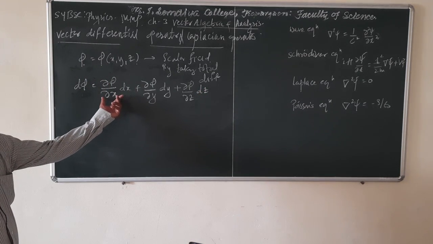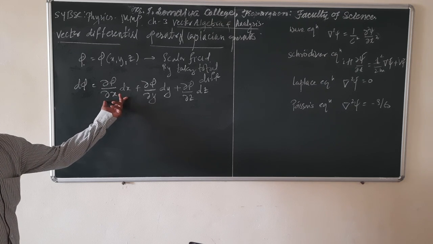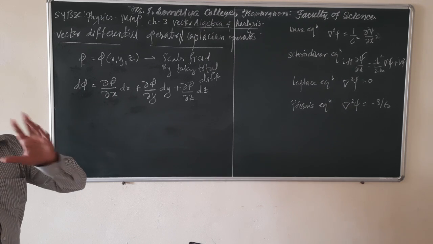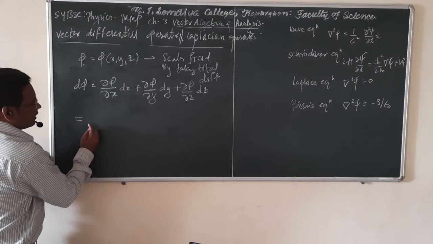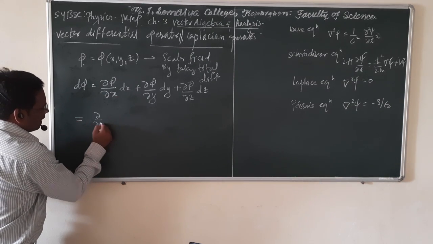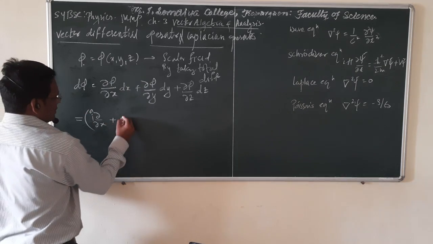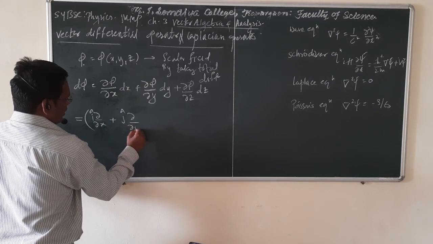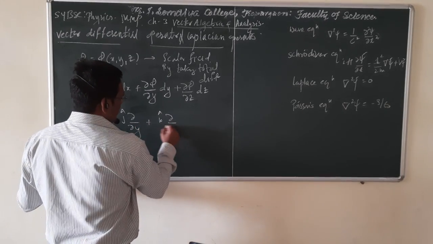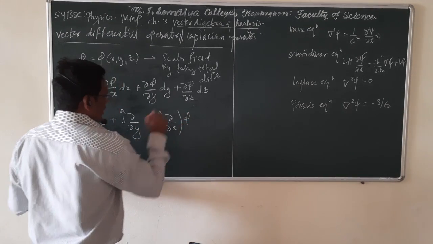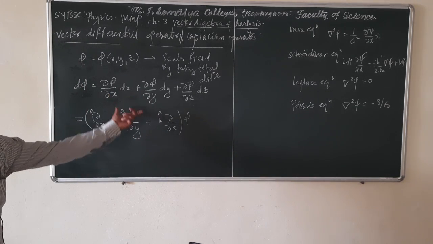Now you can write the term on the right hand side as a dot product of two vectors. What are those two vectors? See over here, this is del by del x i cap, plus j cap del by del y, plus k cap del by del z, multiplied by phi. This is the first term of the dot product.